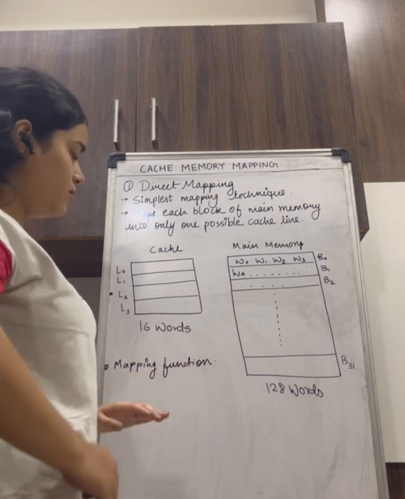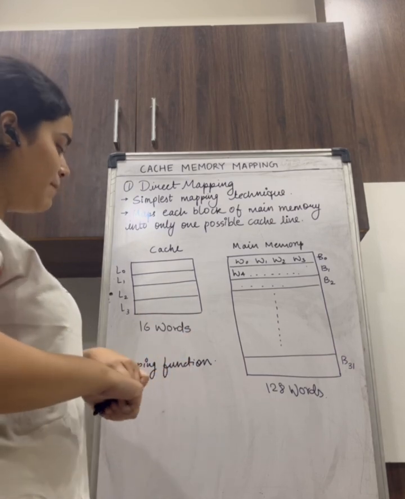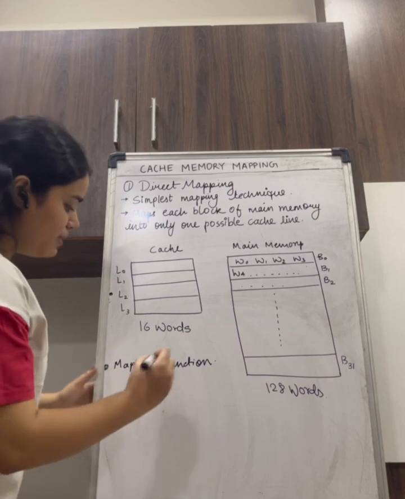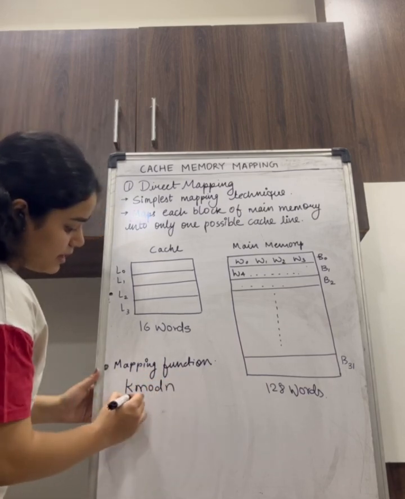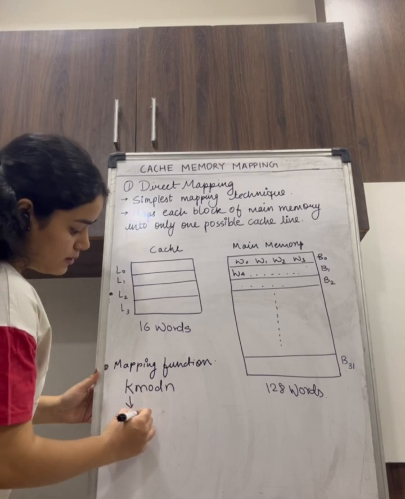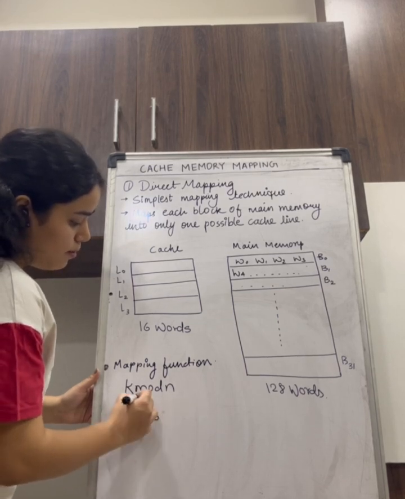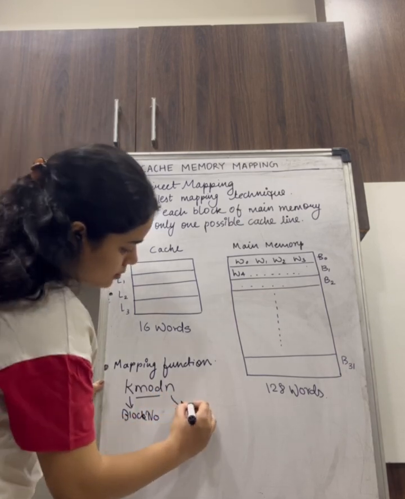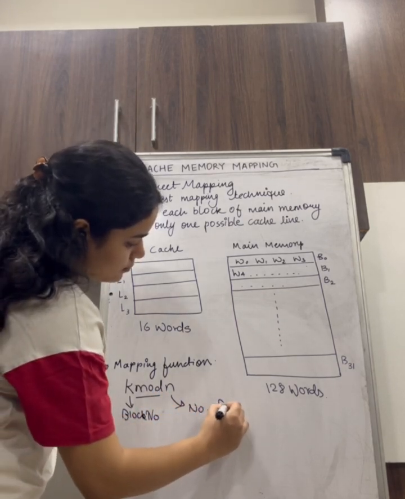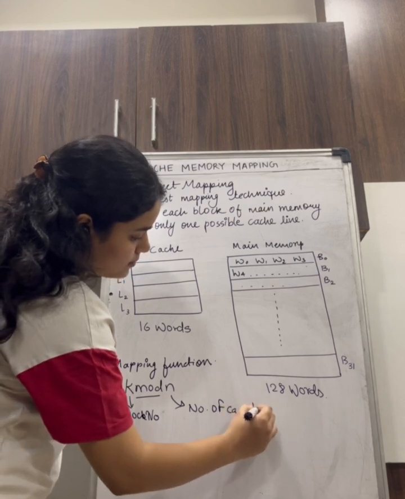So we will use a mapping function for mapping this. The mapping function for direct mapping is k mod n, where k is the block number, mod is the modulo operator and n is the number of cache lines.